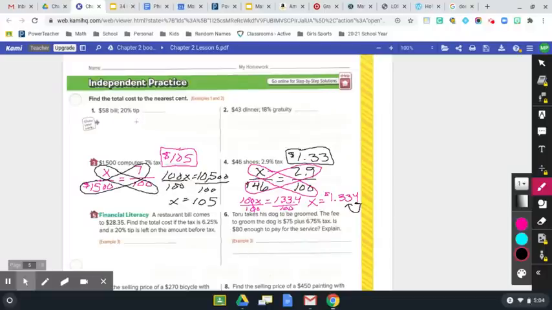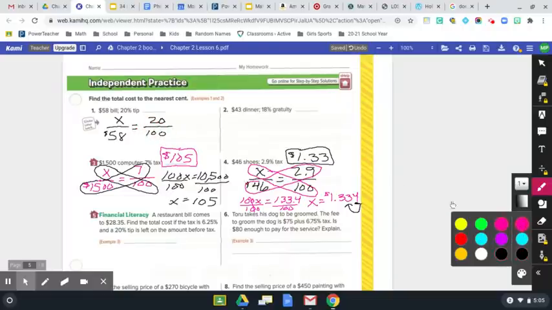You want to leave an extra tip. You want to leave 20% this time. So again, we're going to learn it this way first. We're going to learn that proportion setup. We're going to find the tip amount, the numerator, out of the $58 bill. And then we are going to leave that 20% tip out of 100%.